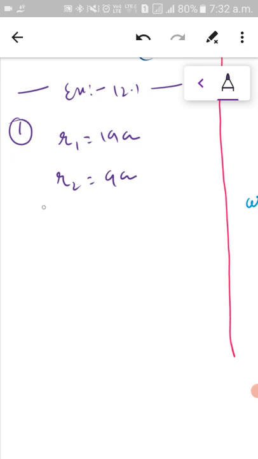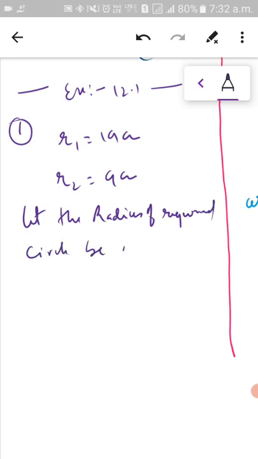Okay, so let the radius of the required circle be capital R. So circumference of that required circle I am going to give by capital C, that is equal to circumference of the first circle, that is C1, plus circumference of the second circle, C2, right?